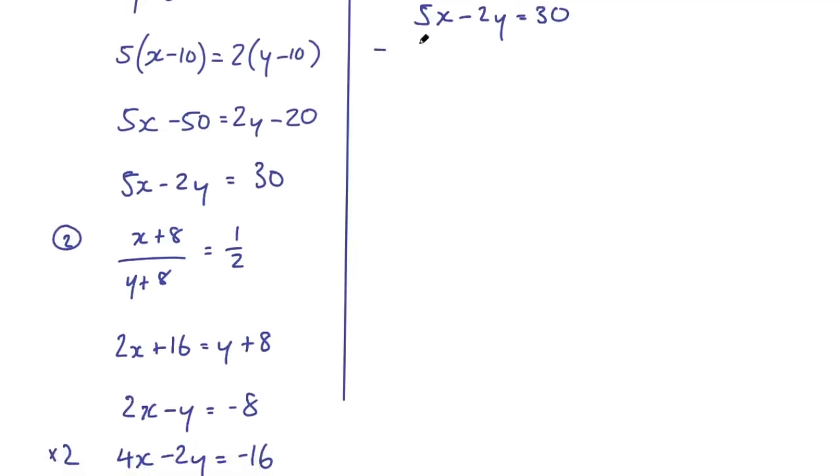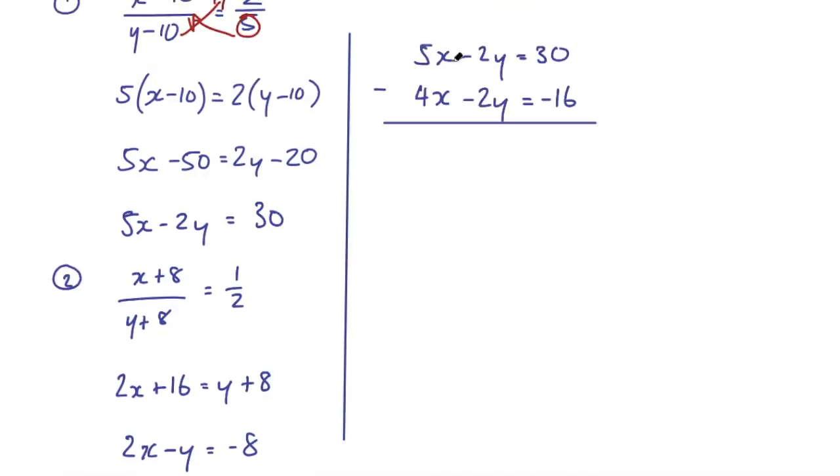So if I subtract this equation from the first equation, 5x minus 4x, that's x, minus 2y minus minus 2y, that's minus 2y plus 2y, is 0, so they eliminate each other. Then we have 30 plus 16. So minus and a minus make a plus, so this will be 46.